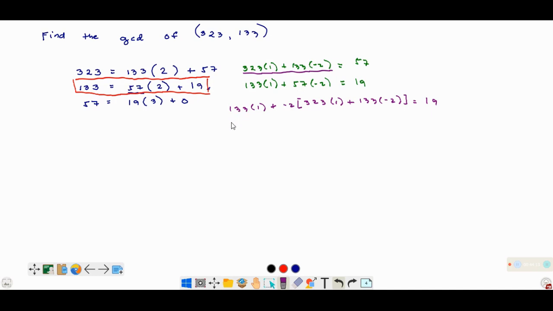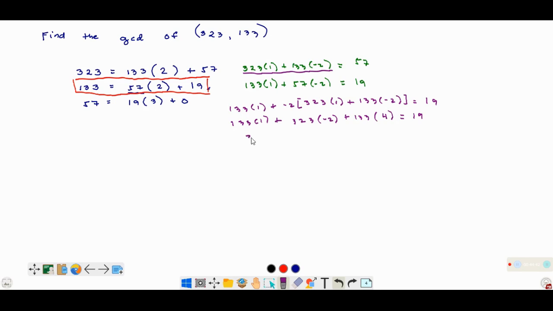Yeah, simplify natin. 133 times 1 plus, distribute natin si negative 2 dun sa loob ng mga parenthesis natin. We have 323 times negative 2 times 1 is negative 2 plus 133 times negative 2 times negative 2, so magiging positive 4 na siya. And this is equal to 19. Now, let us combine.